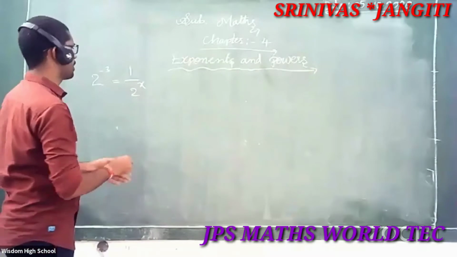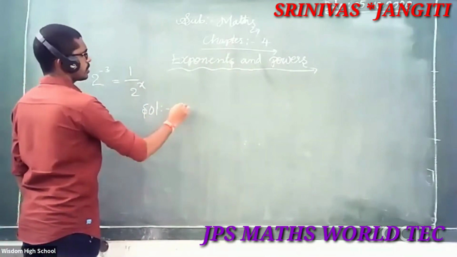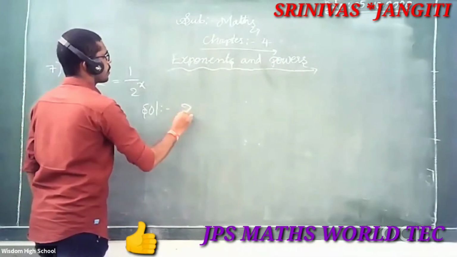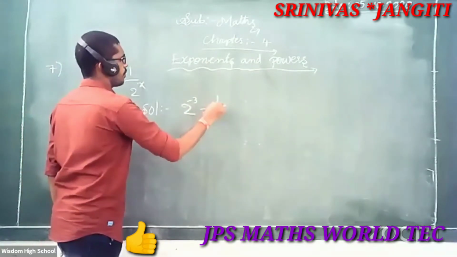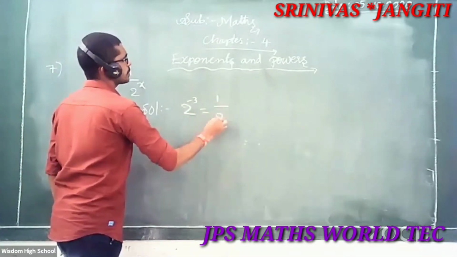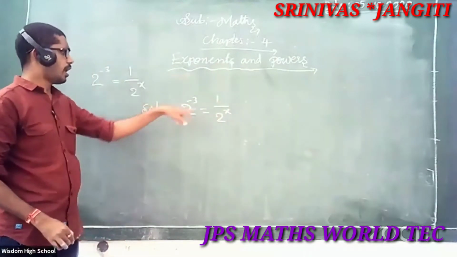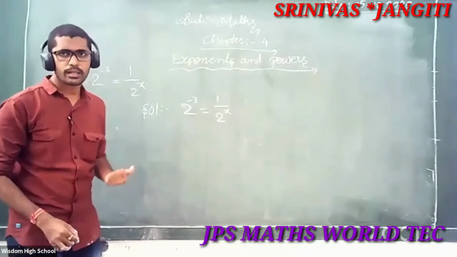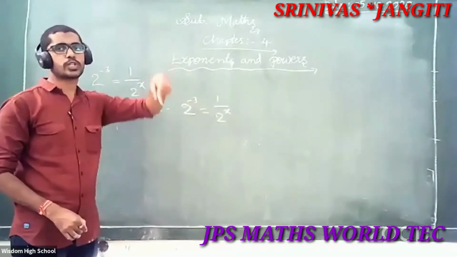How? It is so simple. Observe this problem: 2 to the power of minus 3 is equal to 1 by 2 to the power of x. Now observe how it is looking. Which law is it? It is looking like 1 by x to the power of n.